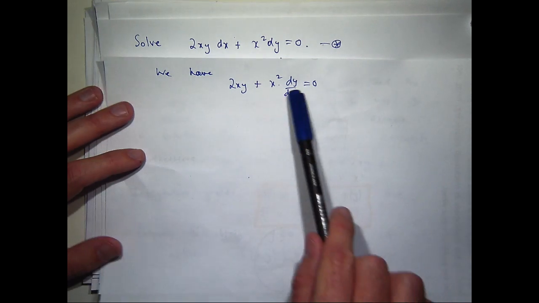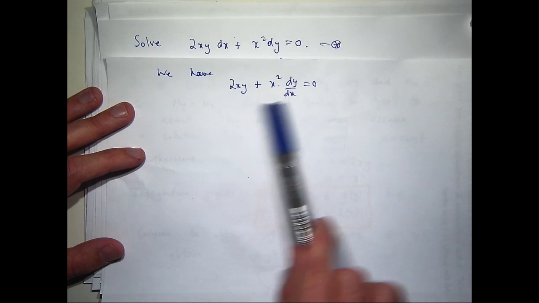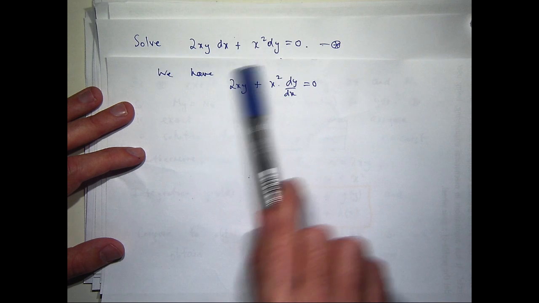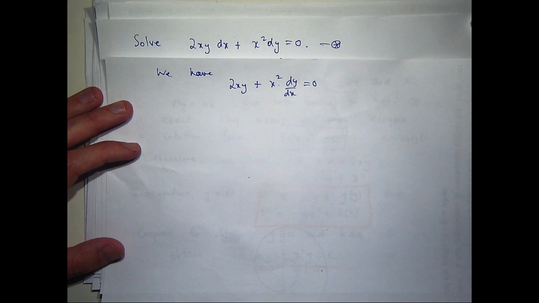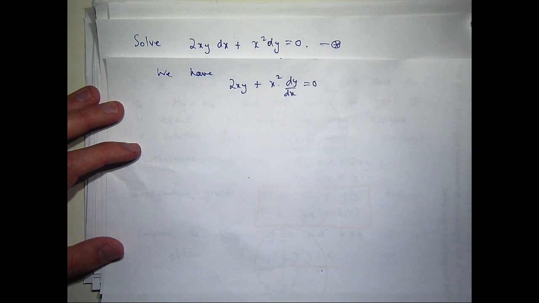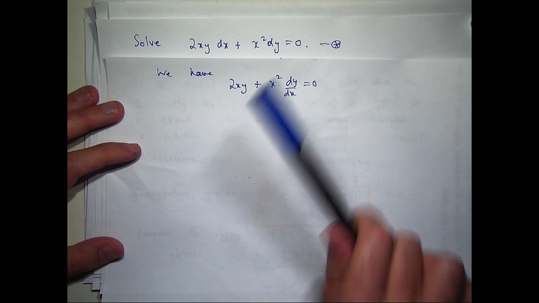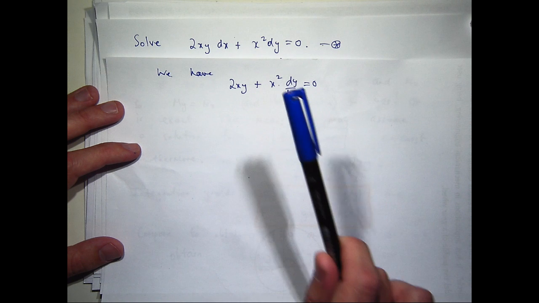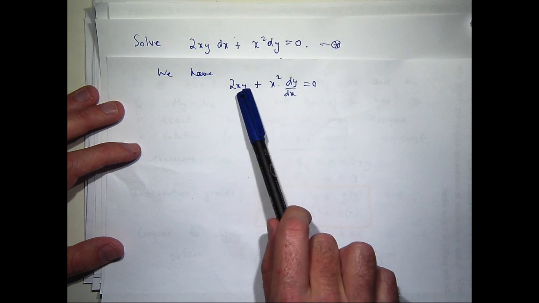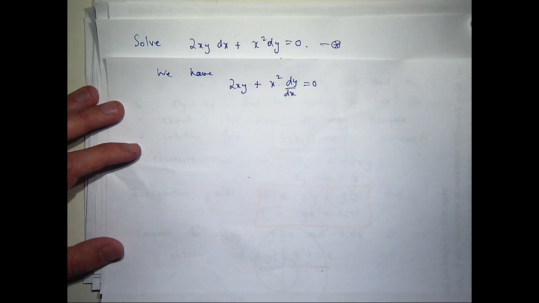Now, what is this the derivative of? The left-hand side is the derivative of a product. What is it? Well, I've got a dy/dx there. I've got a y there. I've got an x squared there and a 2x there.